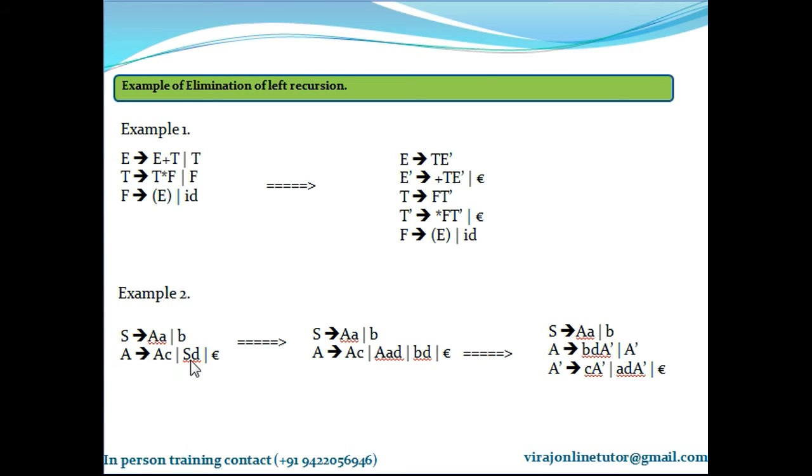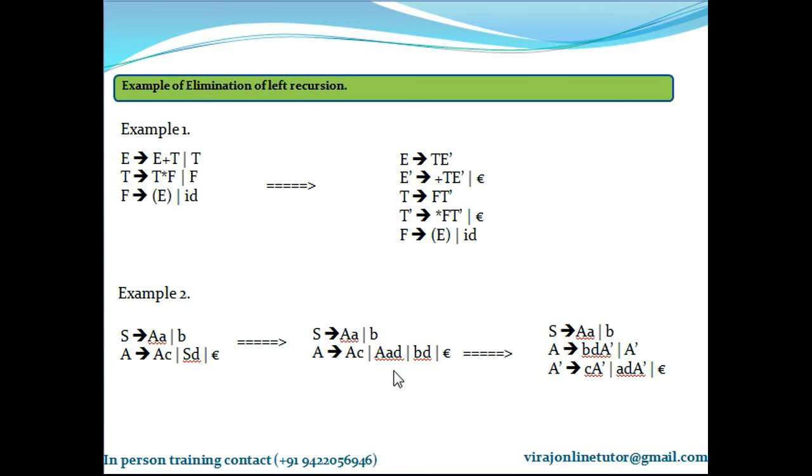Check this. Since the leftmost symbol here is S, and since the production of S is defined before A, in place of S, substitute productions of S. Since the leftmost symbol here is a non-terminal which is defined above A, replace this S with productions of S. So after I do that, what do I get?